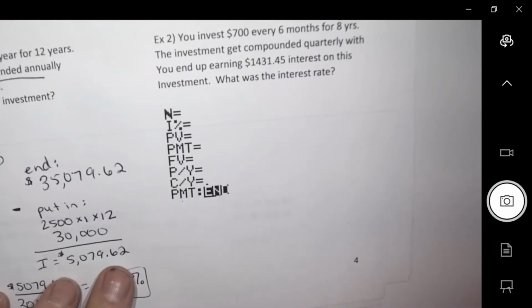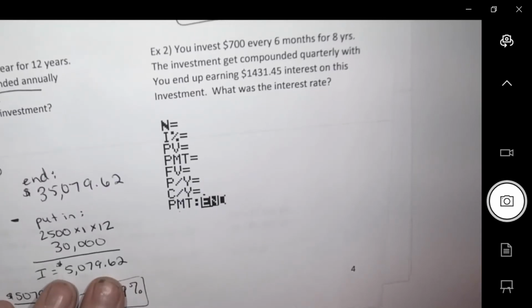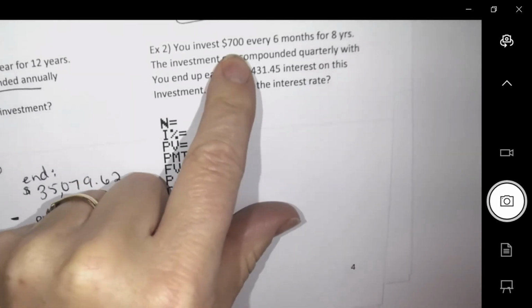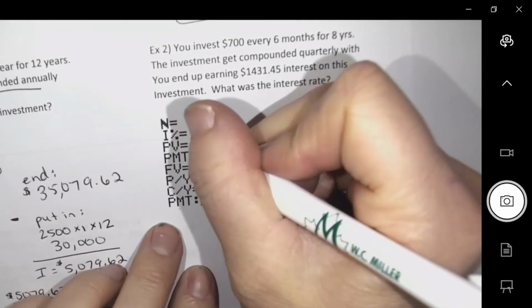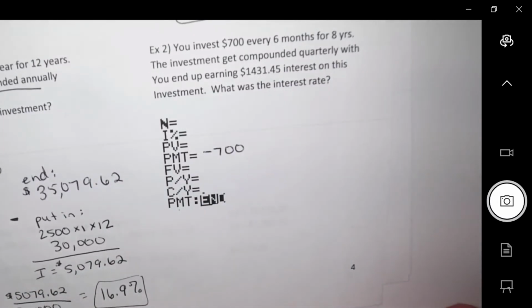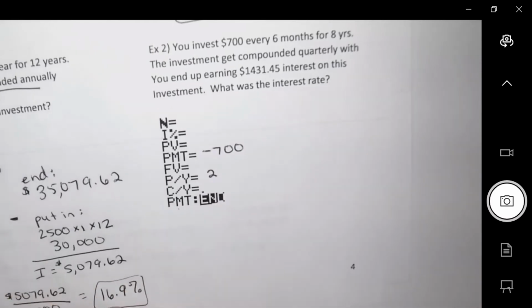Okay, last question. You are going to be working a little bit backwards. Okay, you invest $700. So payments minus $700. Every 6 months. Okay, how many times a year? If you're doing something every 6 months, you're doing it twice a year.